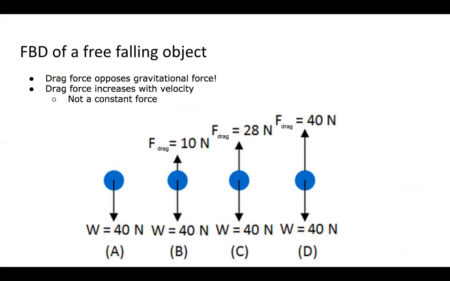Another important point I want to make is that the drag force opposes the gravitational force. And because drag force increases with velocity, it's different than other resistive forces that we've studied previously. Like if we contrast this with the frictional force, which depended on the coefficient of friction and did not change based on velocity. But drag force does. It increases as velocity increases.